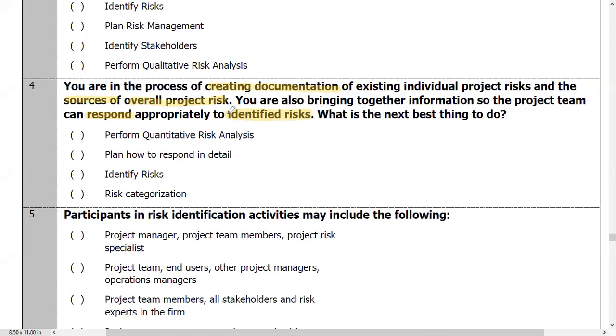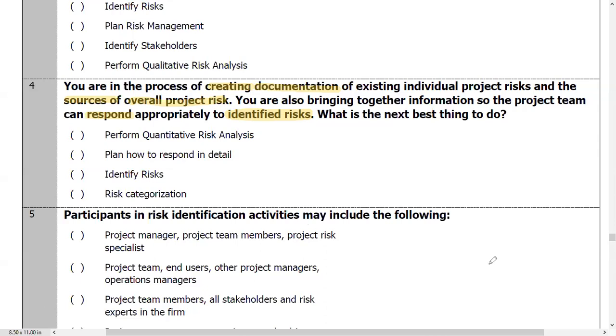This definition, in order for you to get this right, you need to know exactly what they're talking about. And the description of what they're talking about is smack dab in line with identifying risks. That's right. This is describing the identify risks process front and center.